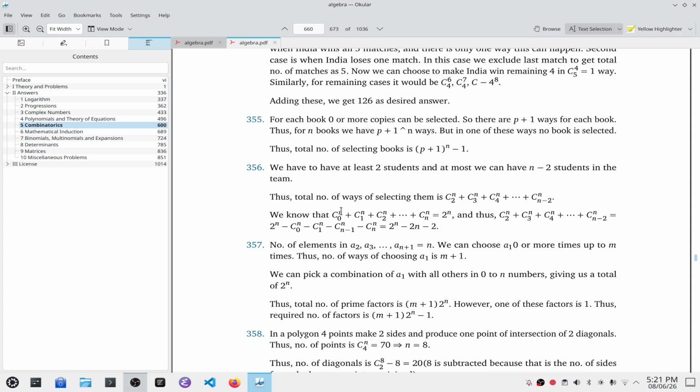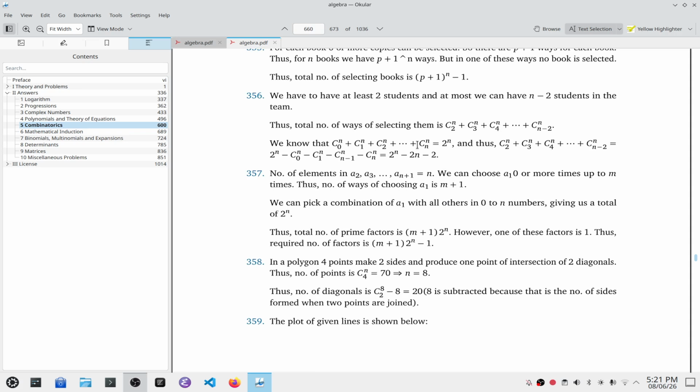Now we know that nC0 plus nC1 up to nCn is equal to 2 to the power n. So nC2 plus nC3 up to nC(n minus 2) will end up being 2 to the power n minus 2 and minus 2. This formula comes from the binomial theorem. So if you don't know the binomial theorem, you can wait and skip this problem.